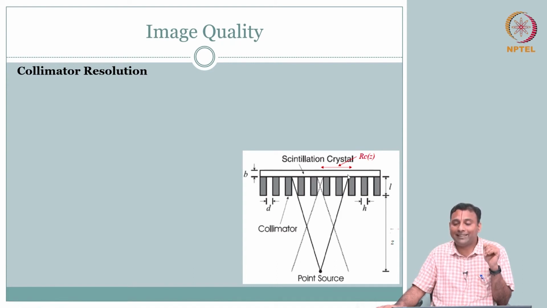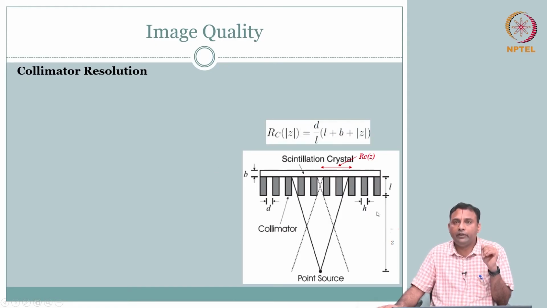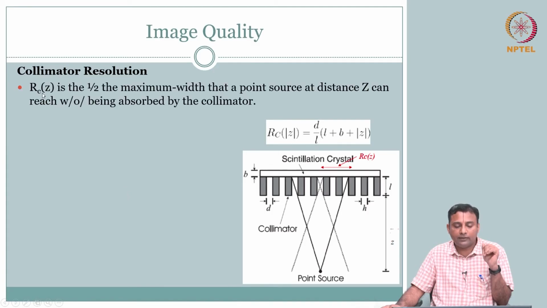Full width at half maximum, okay. So, if we do the geometry and solve for full width at half maximum, we get the collimator resolution to be d by L times (L plus B plus Z), in terms of the parameters that you see here. What is striking here? So, RC of Z is nothing but your full width at half maximum, for a point source at distance Z, without being absorbed by the collimator.